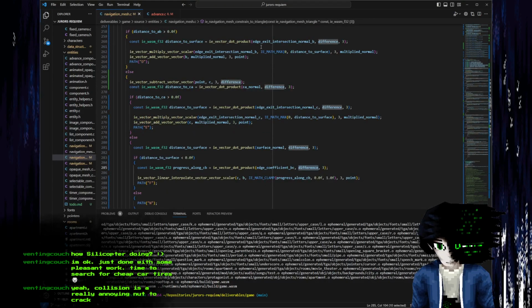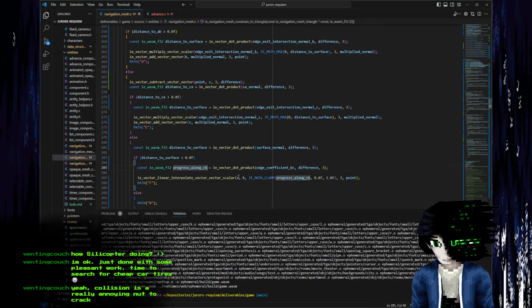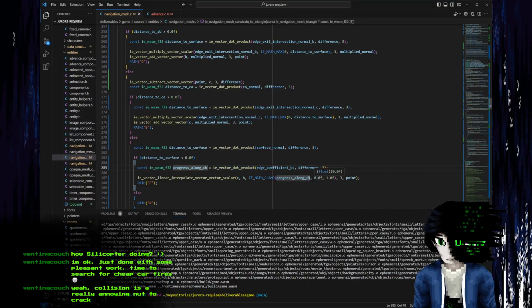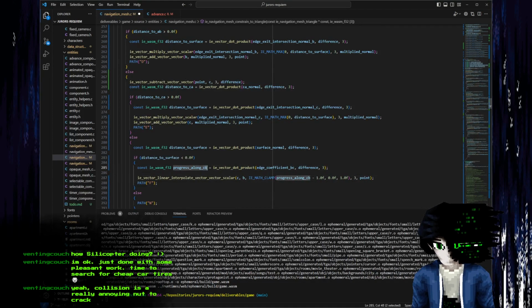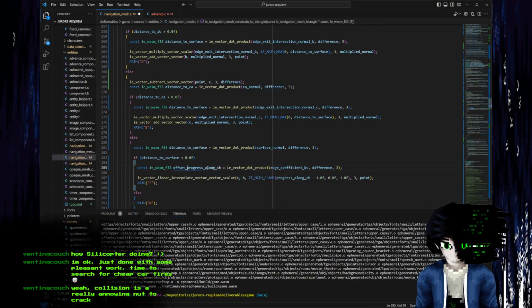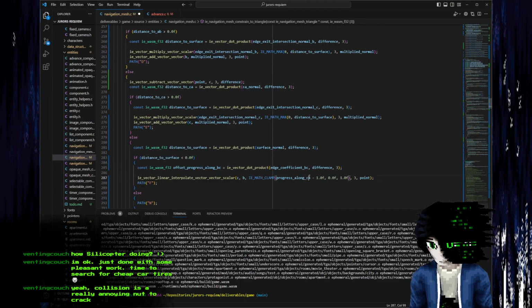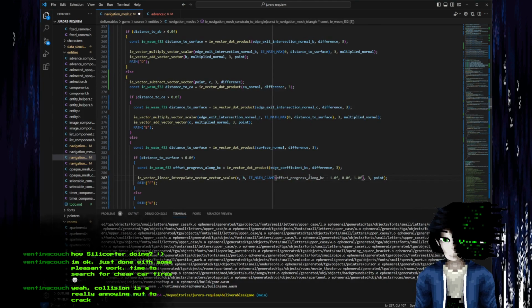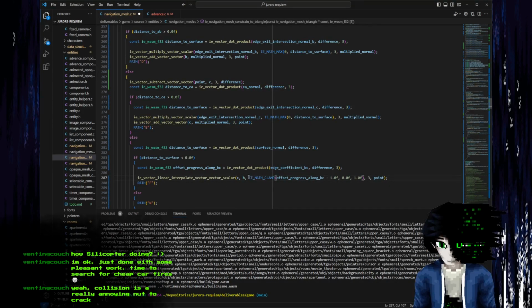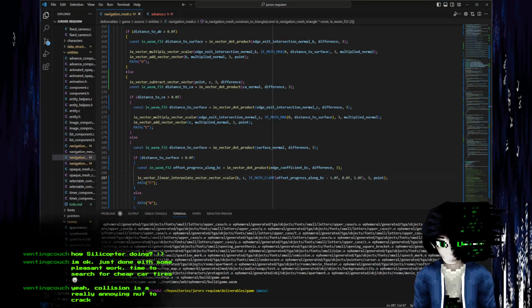It's the difference to point C. Okay. Yeah, I see. We've got the same issues we had before where we actually need to subtract 1 from this. And it's an offset progress along BC. I thought it was going to be the progress from C to B, not the progress from B to C, sort of take 1. So if I do that, that should fix it.